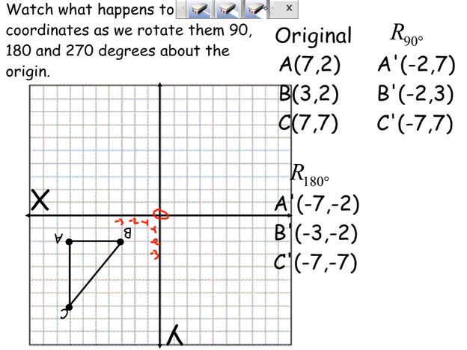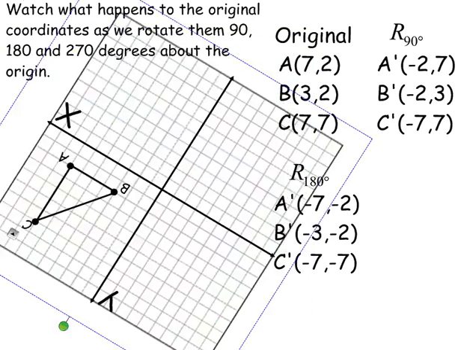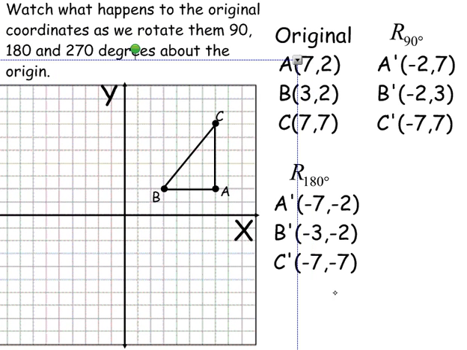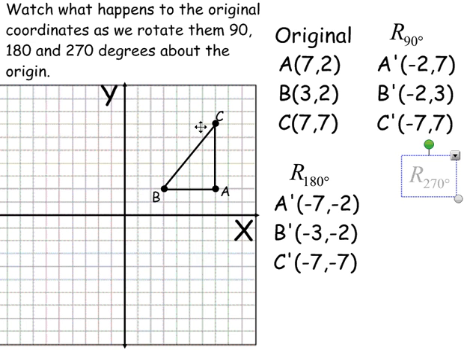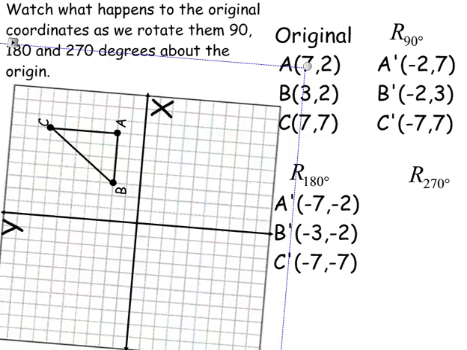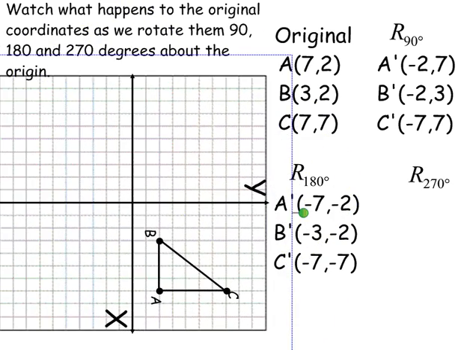Okay, let's bring it back. We're going to do one more rotation. Bring it back to the original coordinates. And now I'm going to rotate them 270 degrees. So it's 90, that's 180, and that's 270.